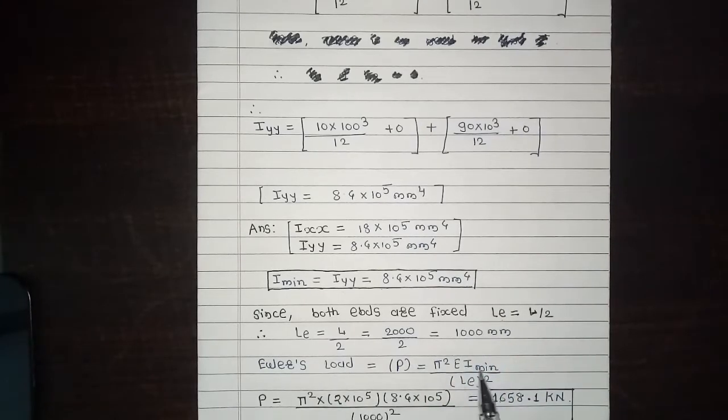So P is equal to, put the value of E, I minimum and L effective, then we get the P value. P is equal to 1658.1 kilonewton. Okay, so this is the first numerical of Euler's load.